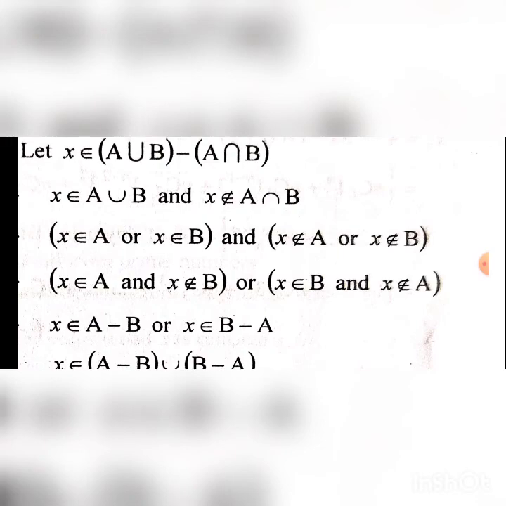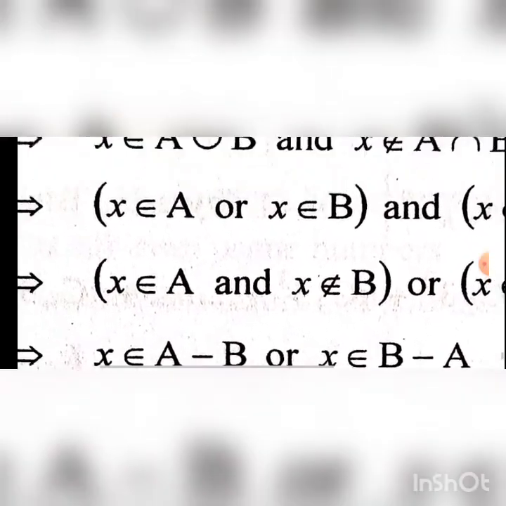Okay, so what will the bracket be? x belongs to A and x does not belong to B. Or now we take remaining elements, meaning x belongs to B from the first bracket and x does not belong to A from the second bracket, and we group x belongs to B and x does not belong to A. So by the definition of complement, what do we get here? x belongs to A minus B or x belongs to B minus A. So or means what? Union. x belongs to A minus B union with B minus A.